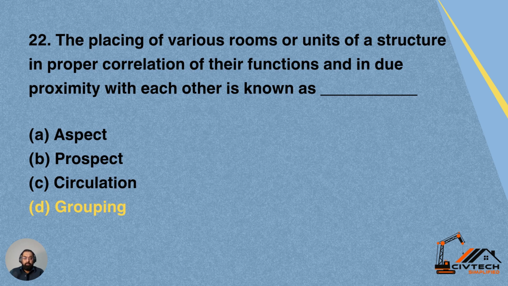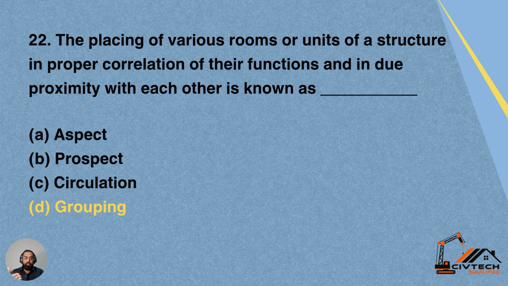So yes, it comes under grouping. In grouping, we decide which rooms should be adjacent to each other. Like people prefer the rooms for their kids to be with the parents. So normally this comes under grouping.